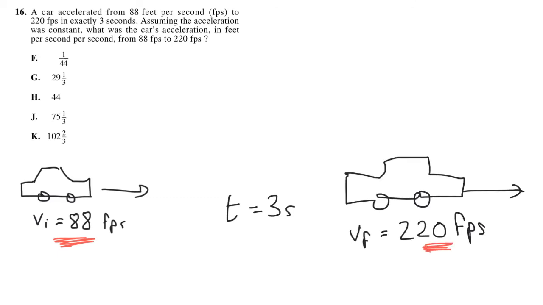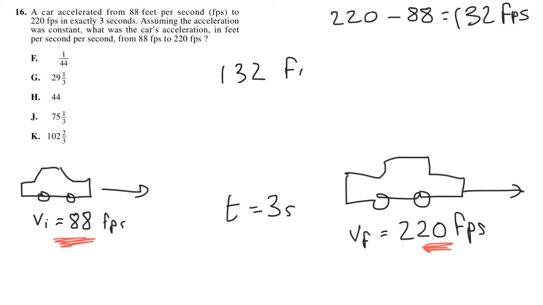All right, so now what was the change in velocity from this point to this point? Well, we're going to subtract the two velocities. So 220 minus 88 equals 132 feet per second. So if the car accelerated 132 feet per second in 3 seconds, how many feet per second did it accelerate per second?